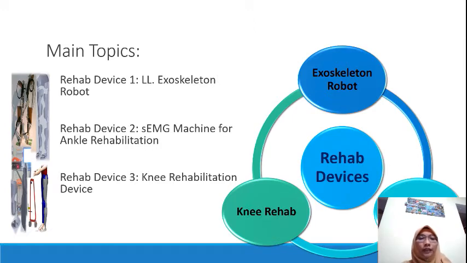The first one is rehabilitation device 1, a lower limb assisted robot, and the second one is rehabilitation device 2, which is an SEMG machine for ankle rehabilitation, and the third one is rehabilitation device 3, a knee rehabilitation device. I will discuss the knee rehabilitation device only generally because this project is ongoing research.